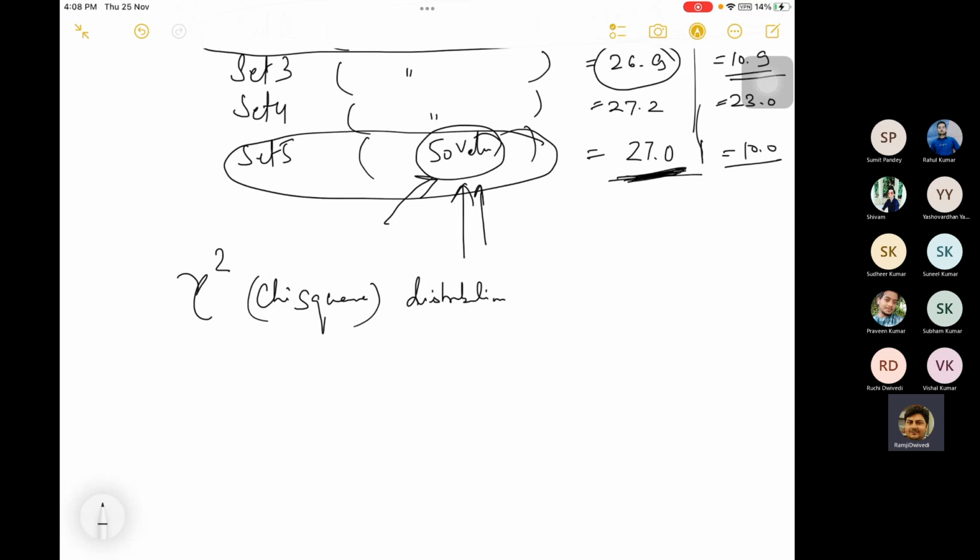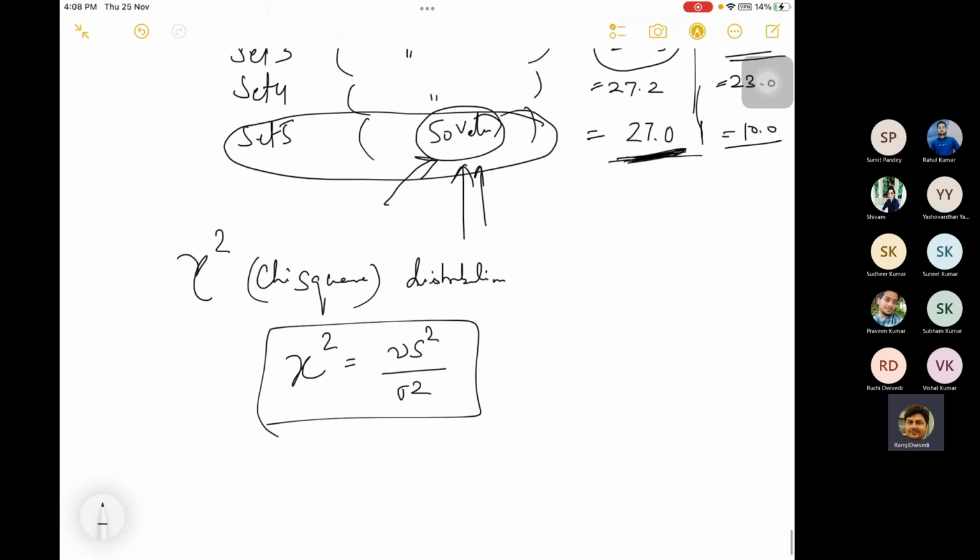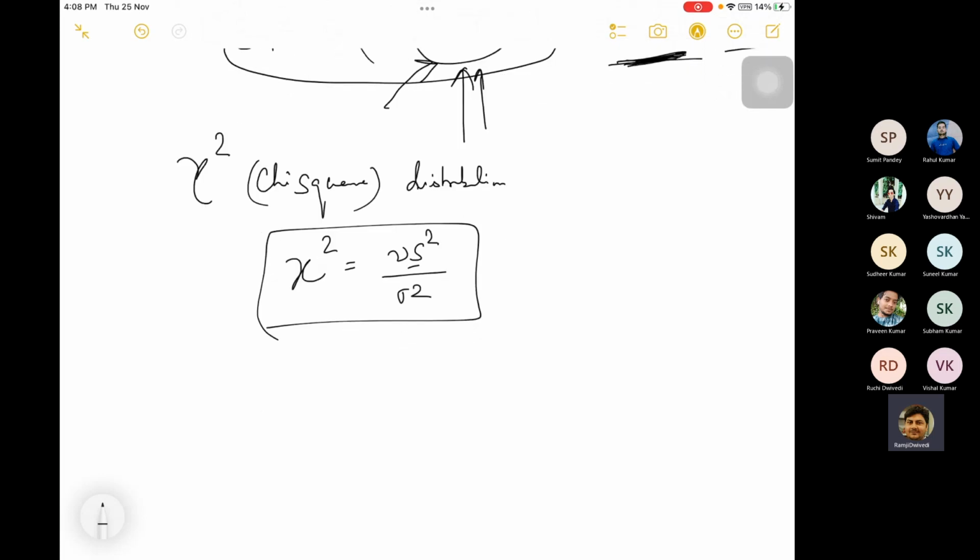The chi-square distribution compares the relationship between population variance and the variance of a sample set based on the degrees of freedom. So this is the chi-square index. S represents the sample variance, sigma represents the population variance.